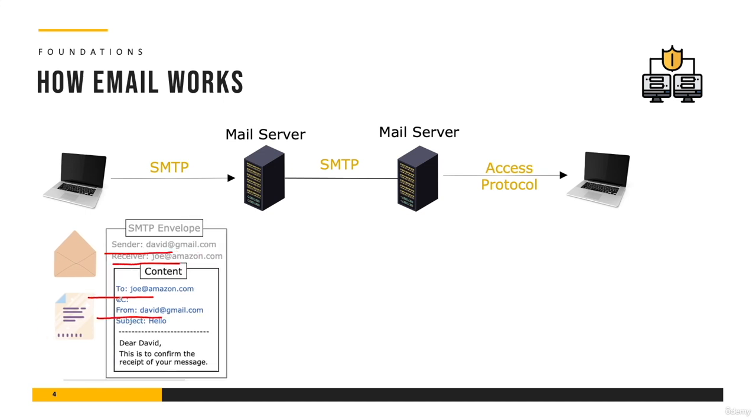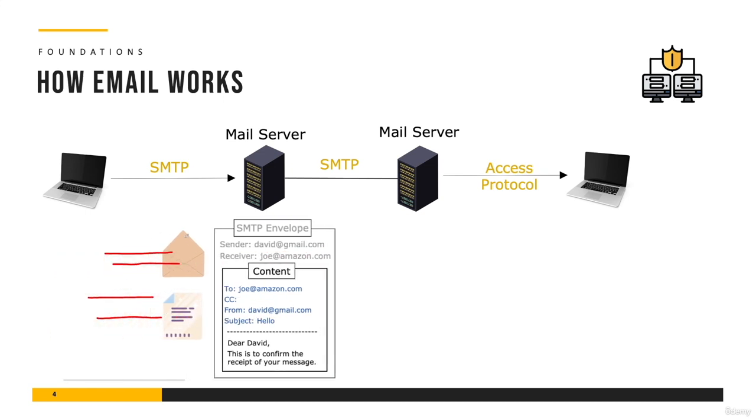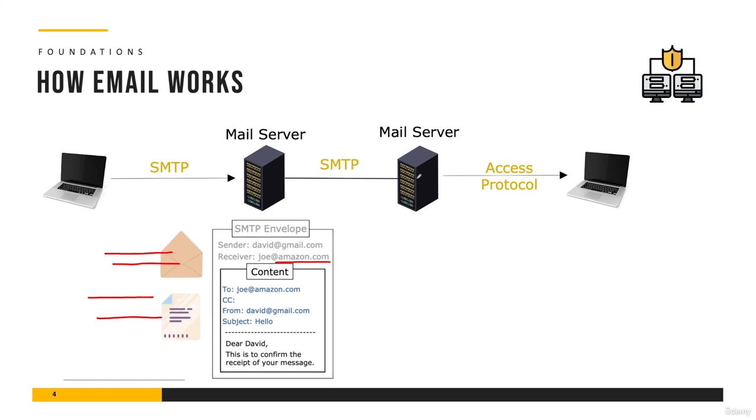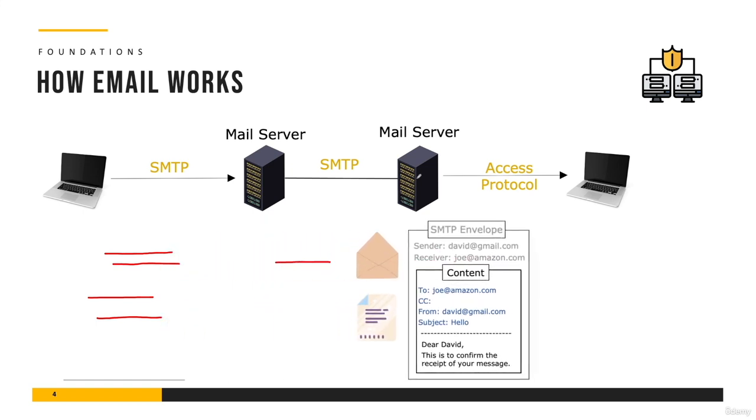Let's see how. Now, when this is delivered to your mail server, which would obviously be Gmail's mail server because you are a Gmail user, this mail server is going to look at this part, @amazon.com, and understand that, okay, I need to forward it to Amazon's mail server, which it exactly does. So the SMTP envelope is mainly used by the mail servers.